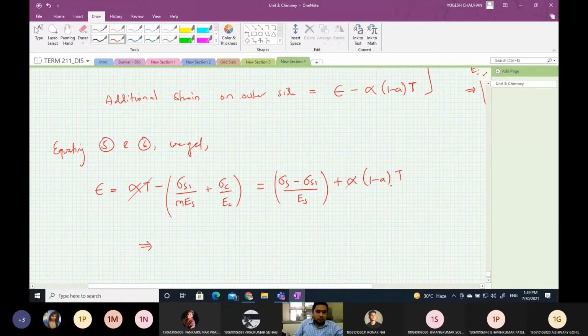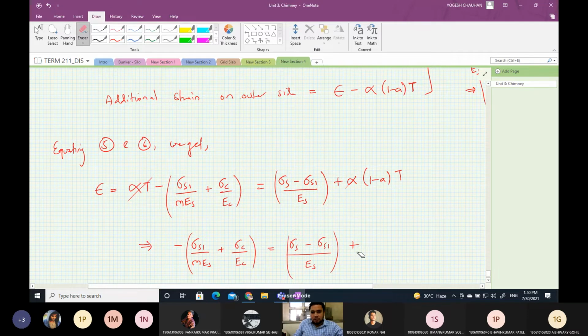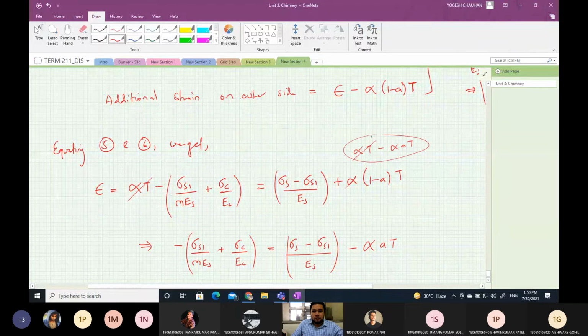Okay, so we will have minus sigma s1 by m Es plus sigma c by Ec equal to sigma s minus sigma s1 by Es minus alpha times a times T, because we can write this as alpha T minus alpha a T. We can expand this, we will get this. But this alpha T gets cancelled out.